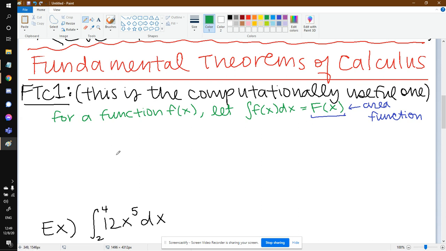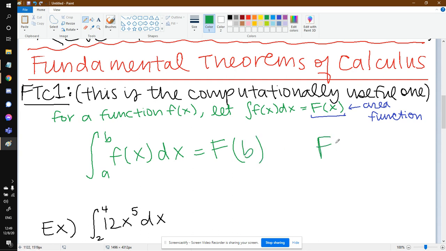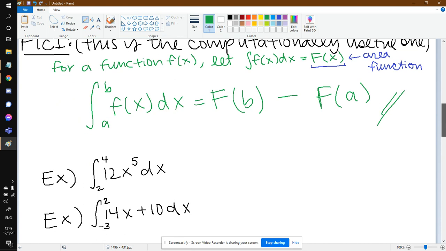And the fundamental theorem of calculus 1 says that if we want to calculate the definite integral, we just take the indefinite version, plug in our top bound, plug in our bottom bound. So we plug in our b to the area function, we plug in our a to the area function, and then we subtract those two things. Pretty good. We're going to do some examples, and that's going to make more sense.